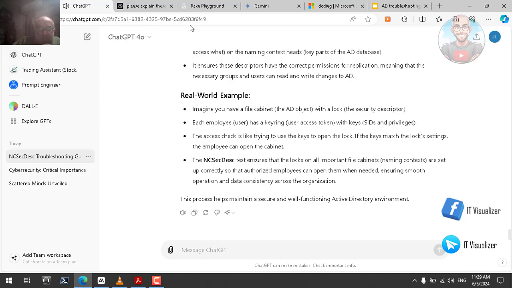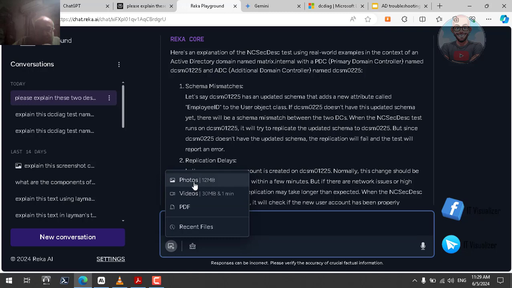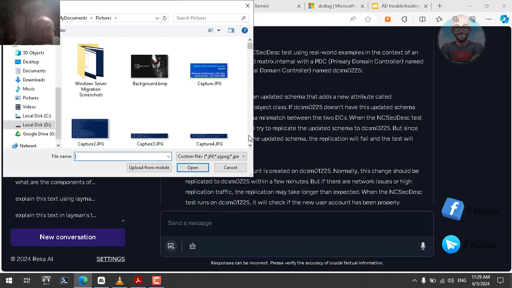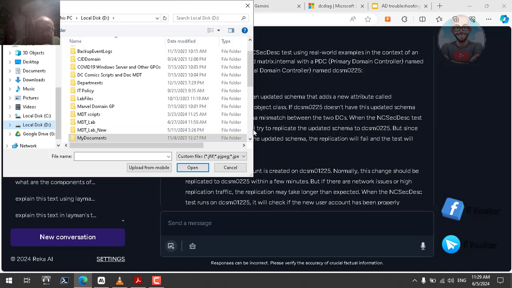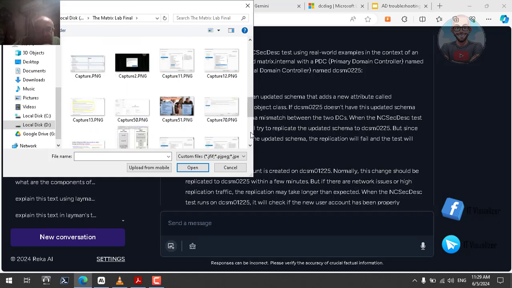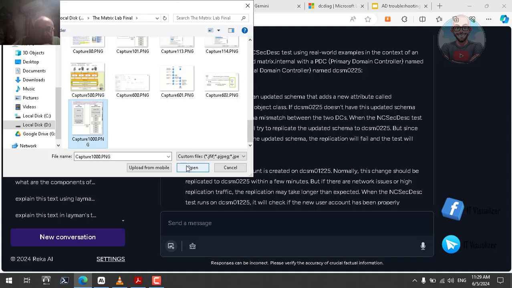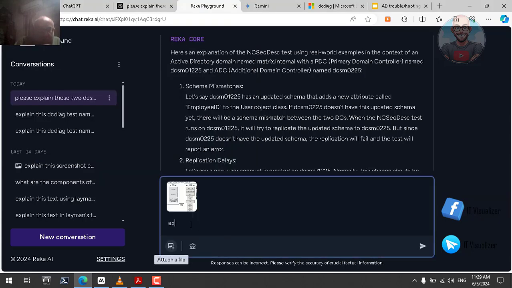Very, very good answer. Let's see if Rika can do the same or explain it in a more simple way. If we go to this one and then go to matrix final and then go to the same screenshot, explain this screenshot using layman's terms.